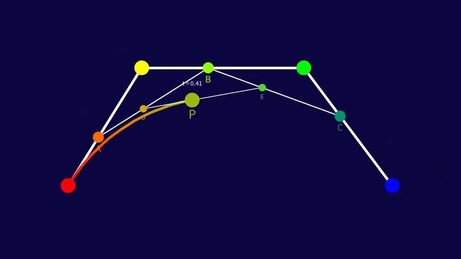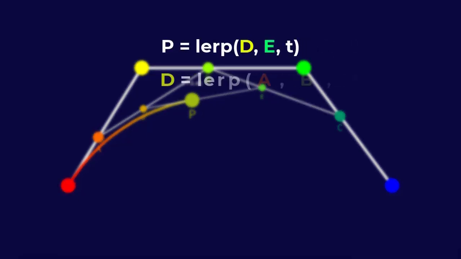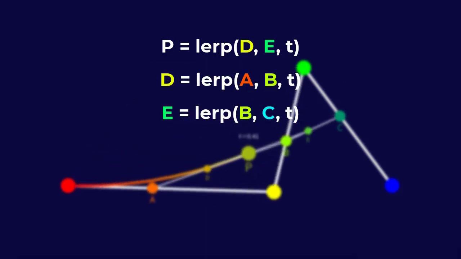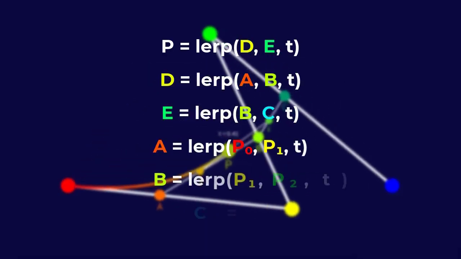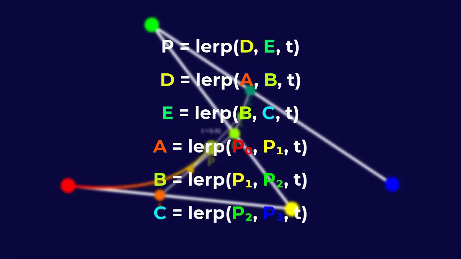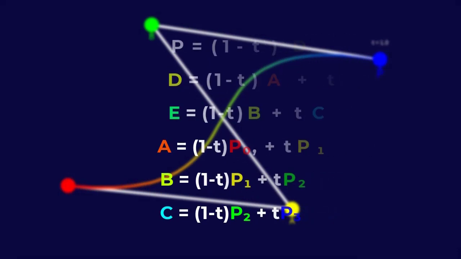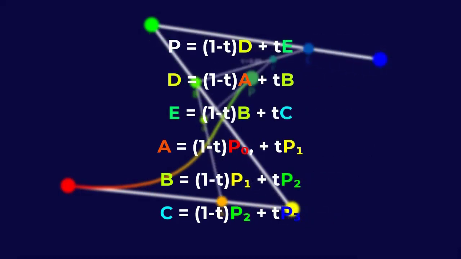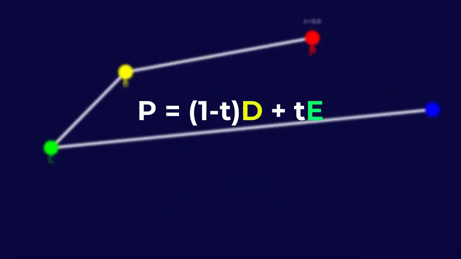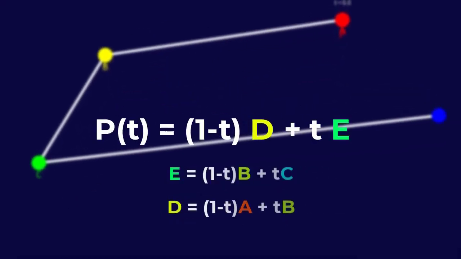Now we have established that P lerps between D and E, D and E lerp between A, B, and C, and A, B, and C lerp between P0 and P1, P1 and P2, and P2 and P3. We can describe an equation to calculate P's position. Let's write these relations down in their linear form. Now we will replace these variables with their corresponding values step by step.